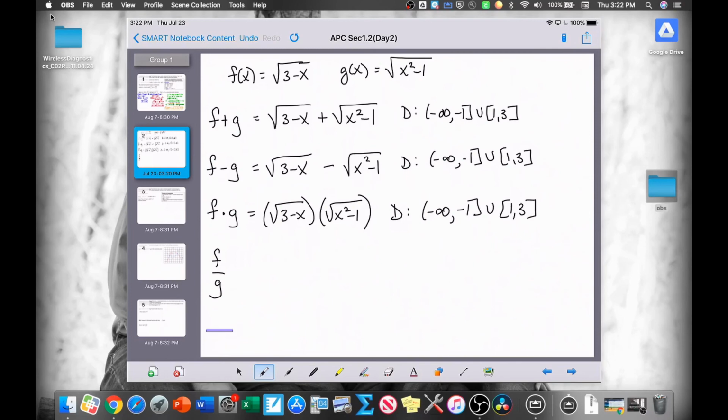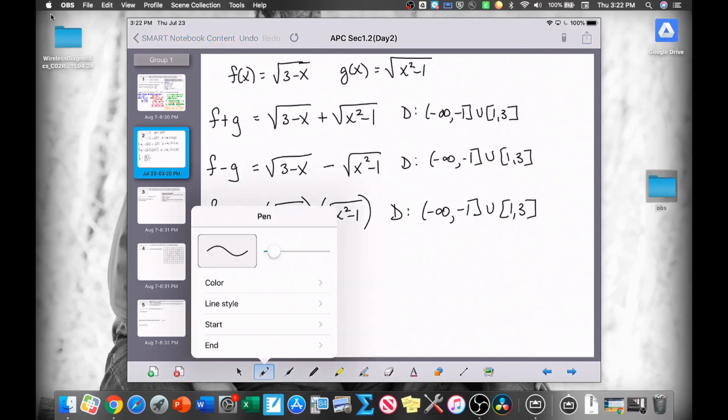All right, last one. This one's the most interesting one. So we've got f divided by g. So in the top we have the square root of 3 minus x, and in the bottom we have the square root of x squared minus 1. All right, but now here's where things get different, okay? So we're going to make a little note here.